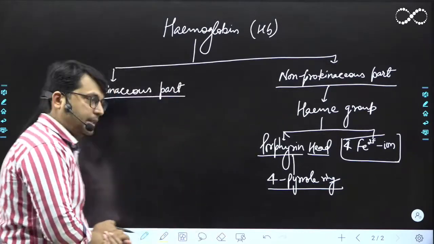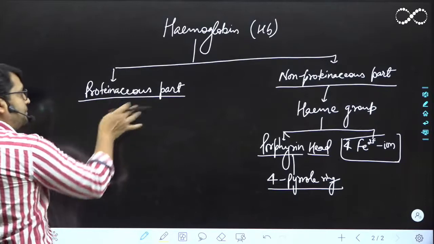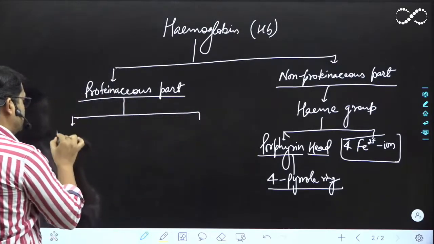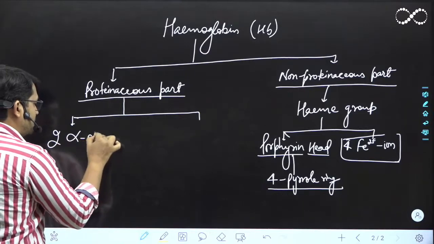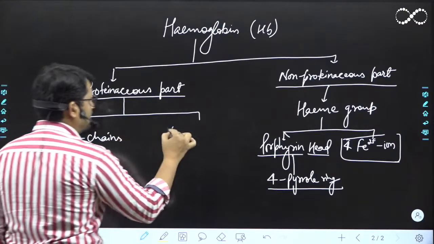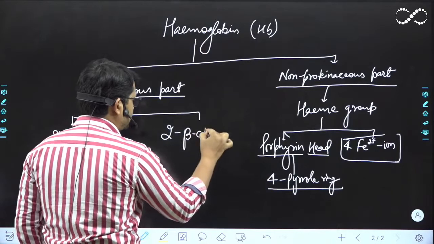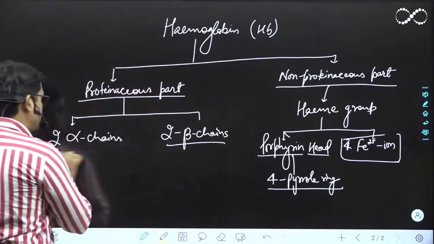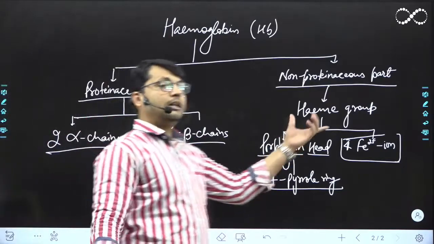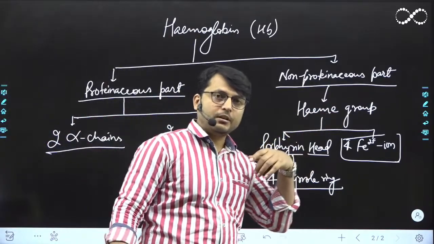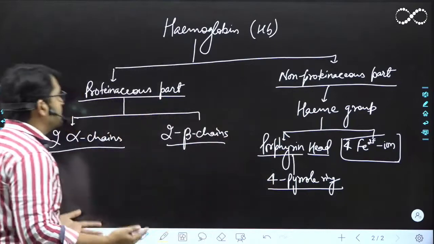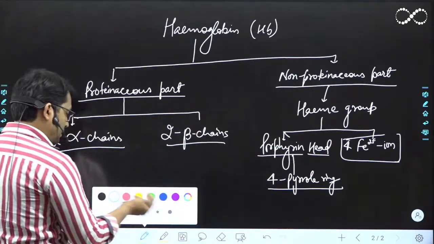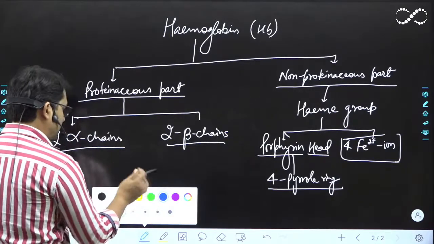Got it? Ferrous ions. When we are talking of the proteinaceous part, now this is made up of 2 types of proteins: 2 alpha chains and 2 beta chains. समझ में आ रहा है? तो 2 अल्फा चेन है, 2 बीटा चेन है और एक हीम ग्रुप है. समझ में आ रहा है? So if we have to visualize hemoglobin, how is it going to be? See, let me take blue for the alpha chain.